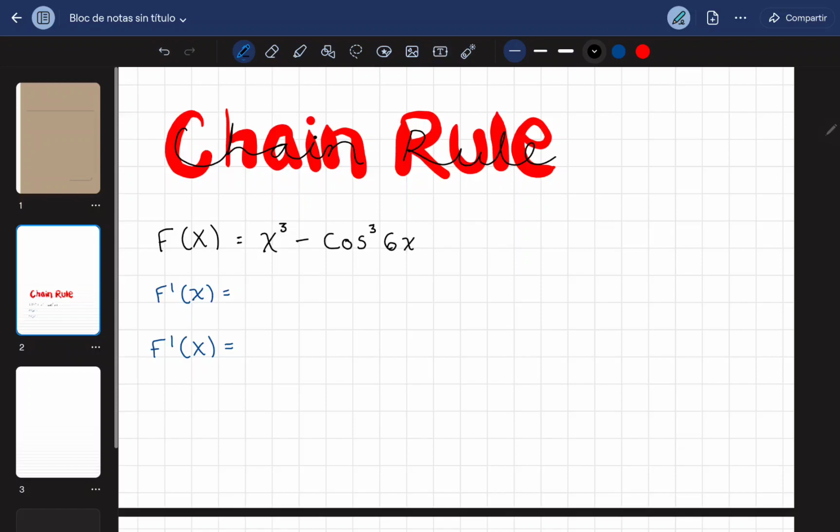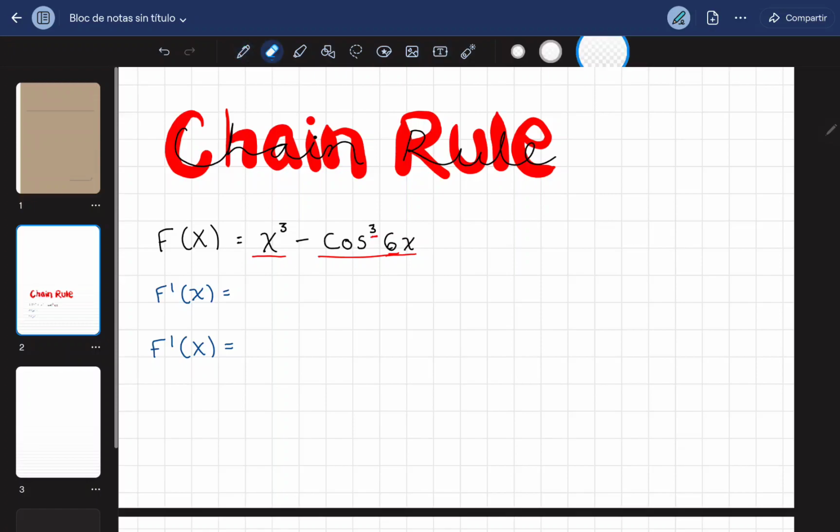Okay, so as you can see, we have here two different rules because of the minus. Well, more than two actually, you have three. We have the power rule in here. We have a trigonometric one in here. And because of these, we have the chain rule as well, the 3 and the 6 actually.